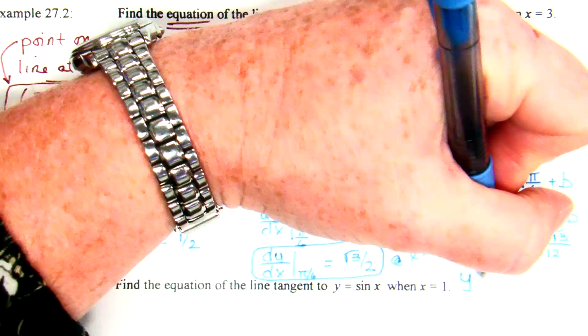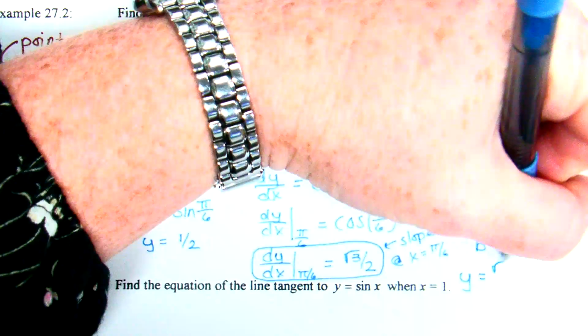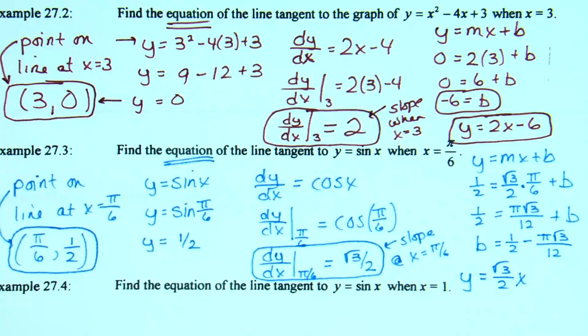Y equals mx. What's m? Radical 3 over 2 times x plus b. What's b? Plus 1/2 minus pi radical 3 over 12.